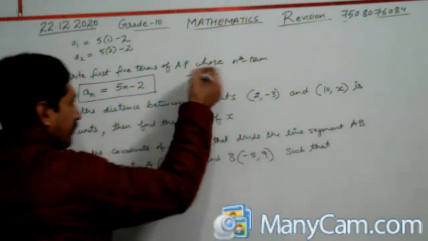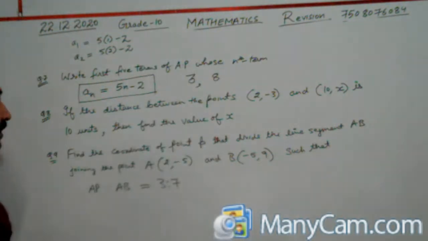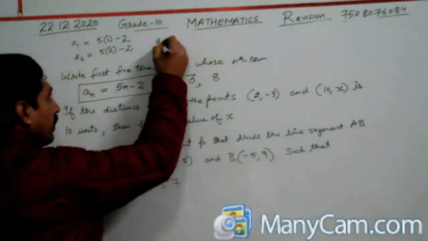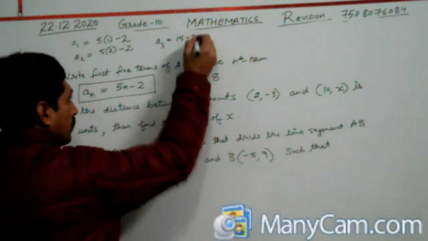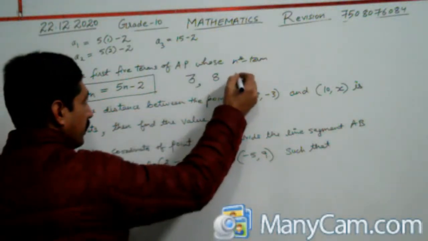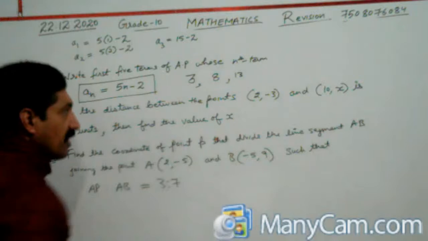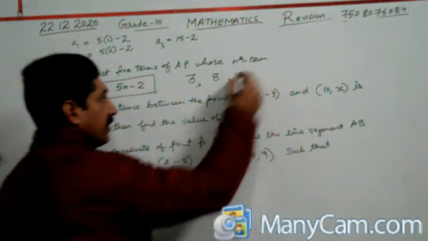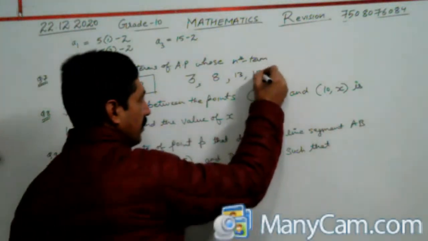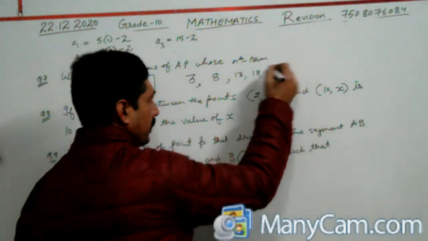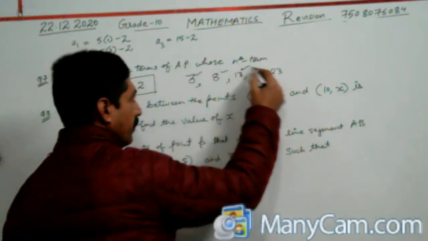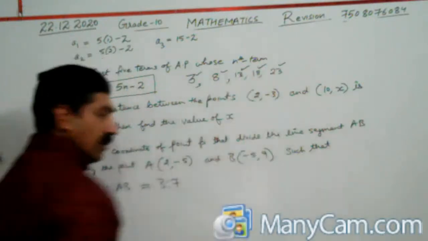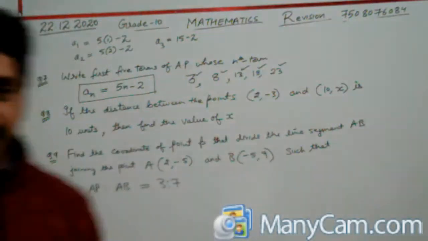So the common difference is 5. A3 is 5 into 3, 15 minus 2, that is 13, or you can go with the common difference also, plus 5, that is 18, plus 5, 23. These are the first 5 terms of the AP, right?